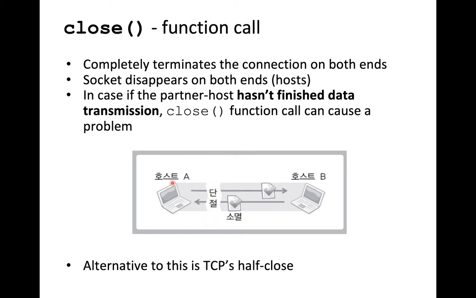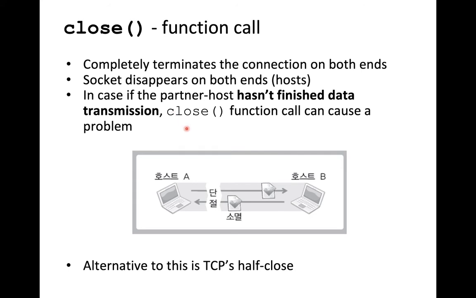If there are two hosts, host A and host B, and host A is sending data to host B, and host B is also sending data to host A, then using the close function means you want to completely cut off the connection between A and B, so that neither A nor B can send or receive data from each other once you execute the close function.